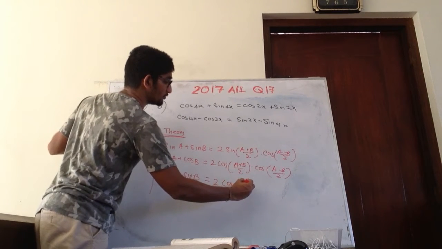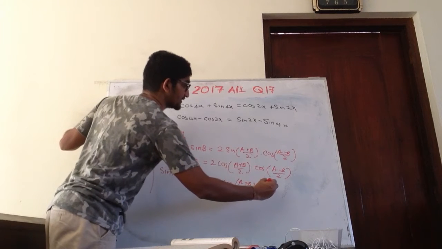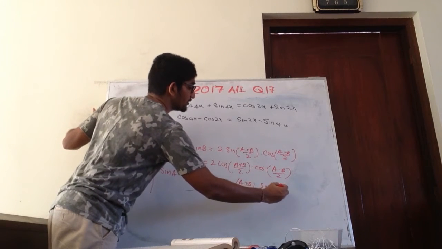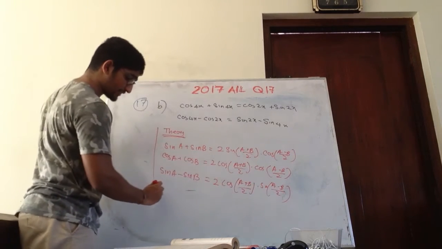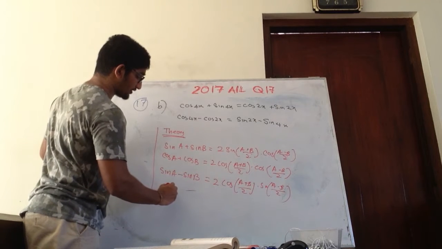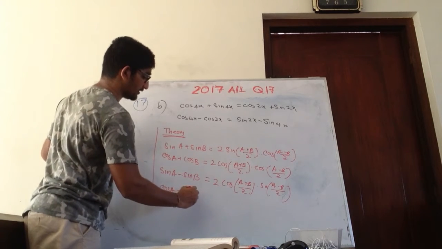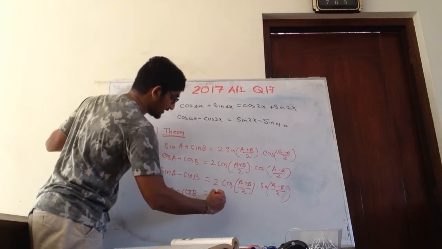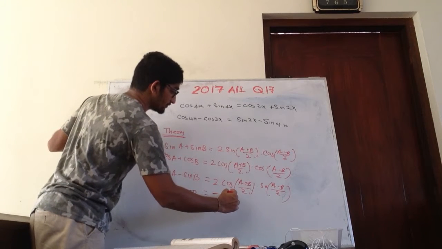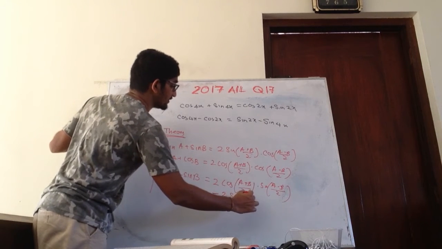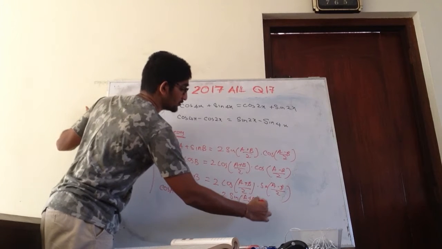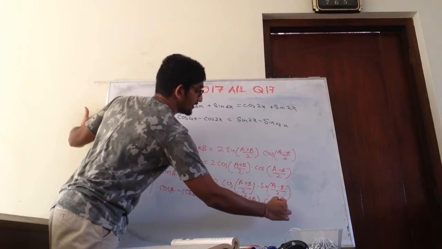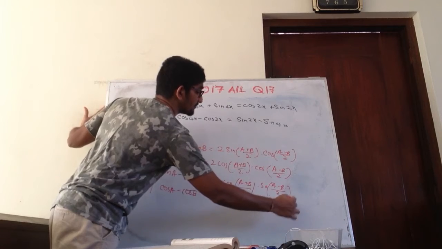sin (A minus B) over 2. Then if it's cos A minus cos B, you can write that as minus 2 sin (A plus B) over 2 sin (A minus B) over 2.